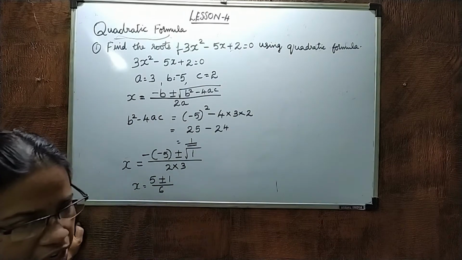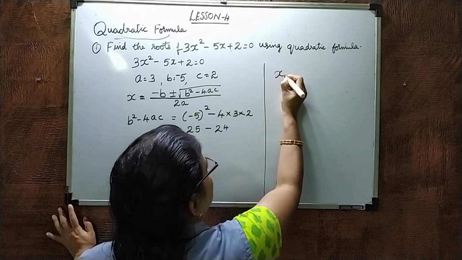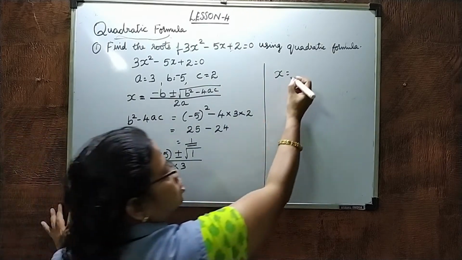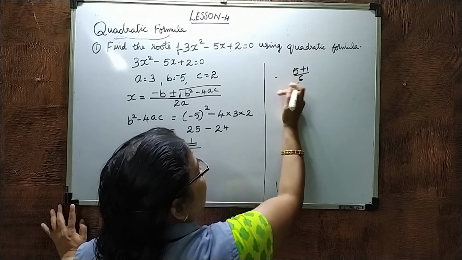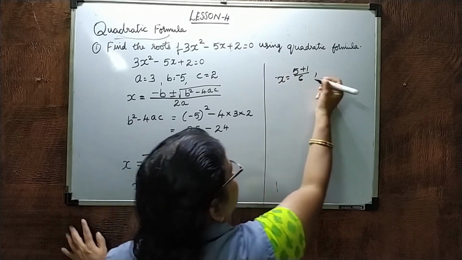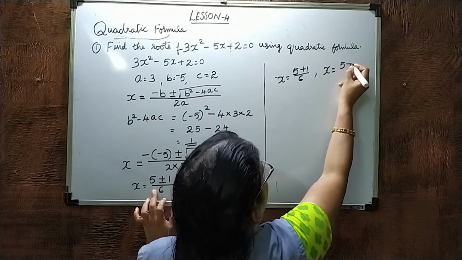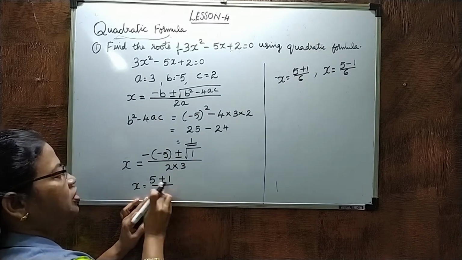What is the next step then? The next step is x equals, now we can split. Here plus or minus is there. So 5 plus 1 divided by 6 and then x equals 5 minus 1 divided by 6. Clear? Just we split here.